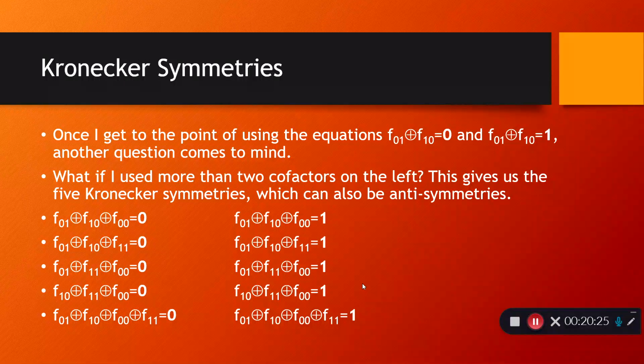What if I use more than 2 cofactors on the left? This gives us something known as Kronecker symmetries, and there are 5 of them. The first 4 include 3 cofactors, leaving out 1. I think I've done that correctly here. If I haven't, then fix it in your notes. And the 5th includes all 4 cofactors.